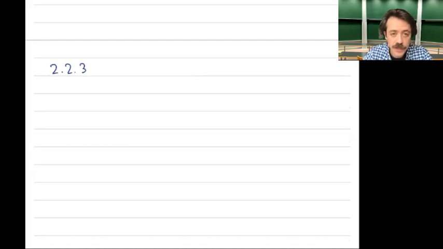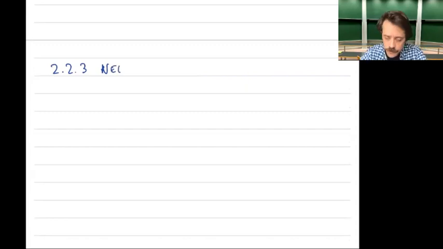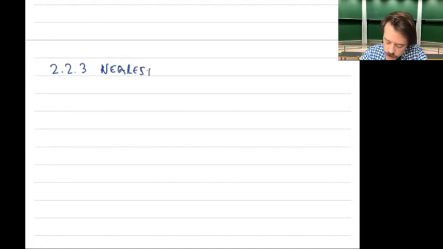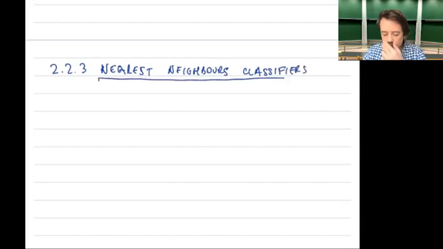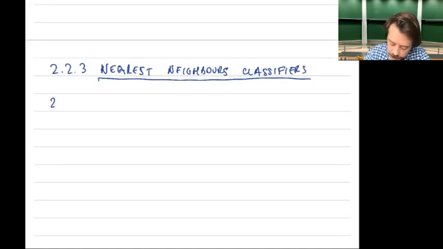So 2.3, nearest neighbors classifiers. And we're going to start with the classical k nearest neighbor classifier.